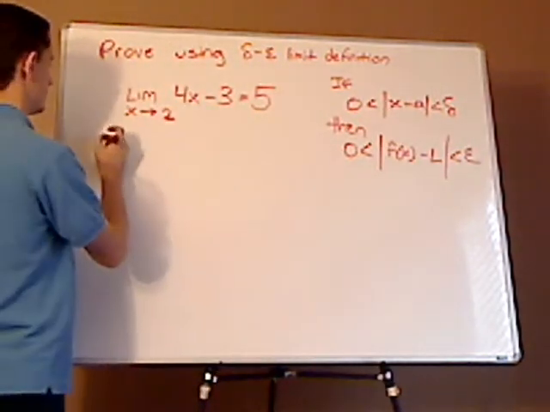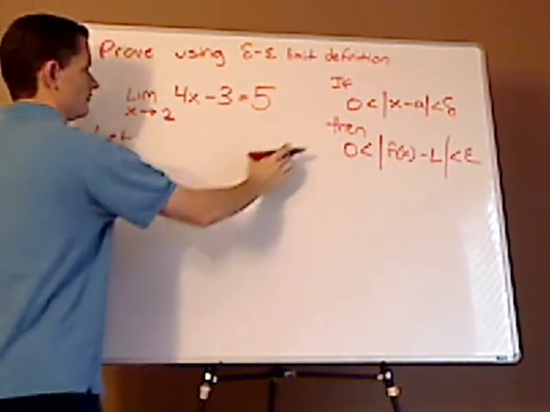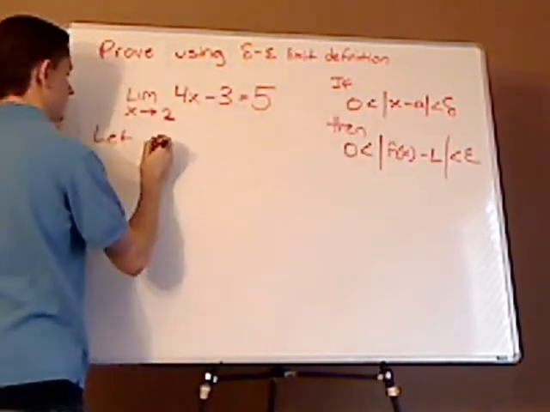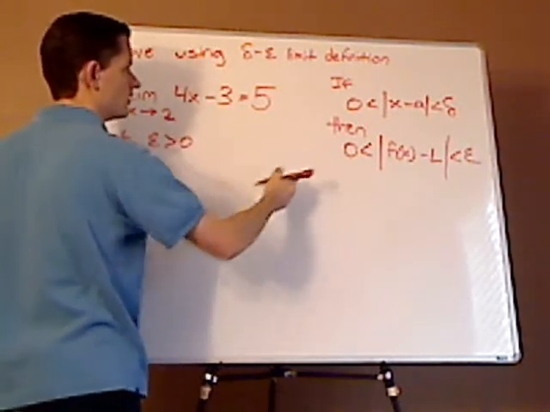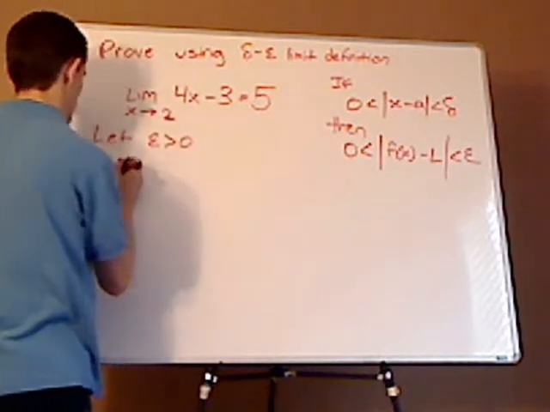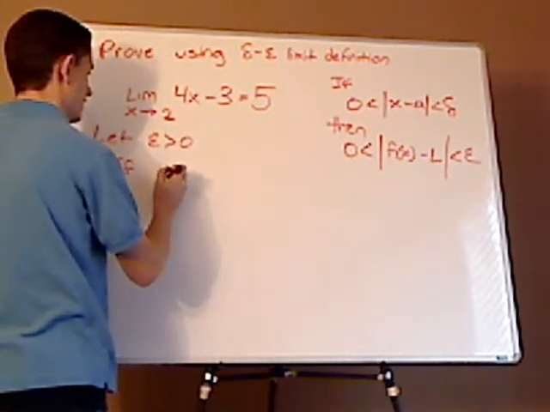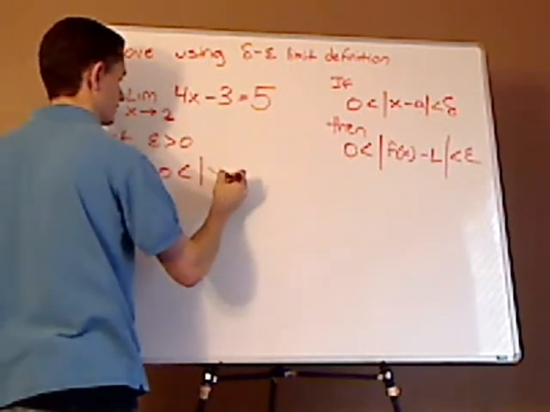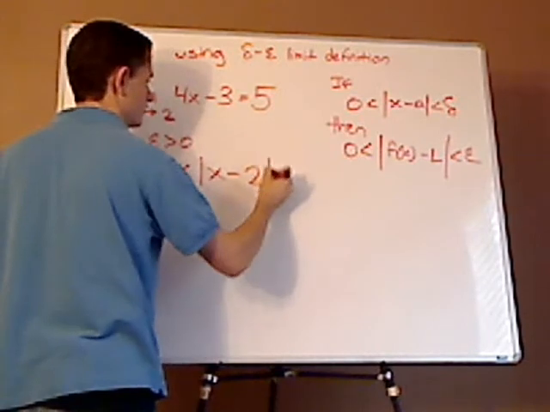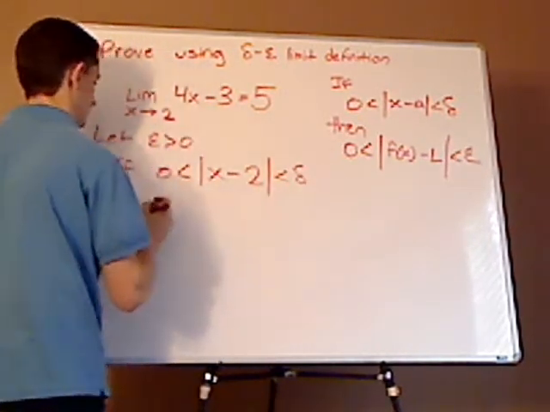So, first you solve by saying, because you're given this, let epsilon be greater than 0, if you have 0 is less than the absolute value of x minus 2 less than delta.